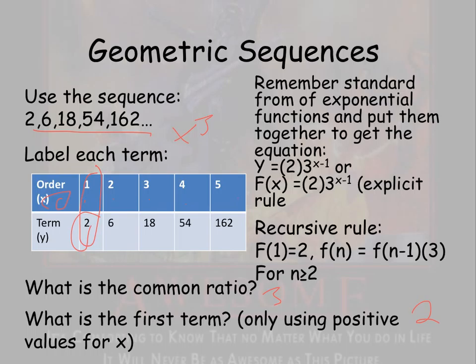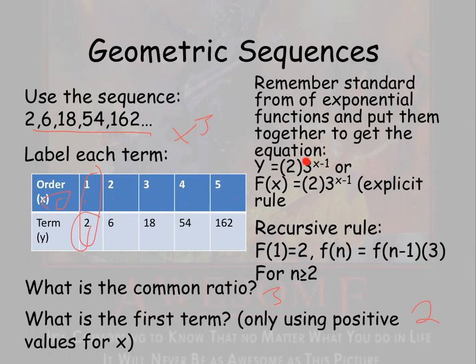Sort of similar here. This one's talking about the first term, not the 0 term, because instead of that just being 3, the common ratio to the x power, it's 3 to the x minus 1, which is why we don't want to look at the 0 term, because if we do 0 minus 1, we're not looking at positive values, and of course 0 is not positive either.